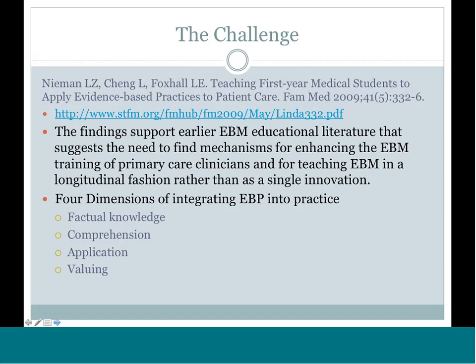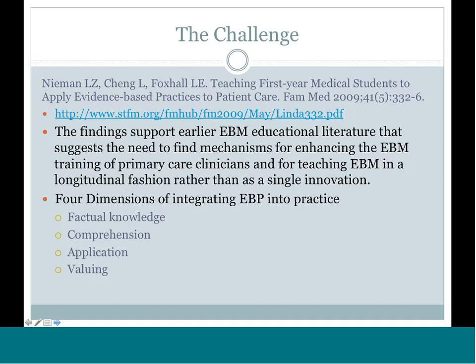And in this study, what they did is they gave a 4-week program in EBP to first-year students. And students picked up the factual knowledge right away. They understood it. They could parrot it back on a test. They could answer test questions on it. And they were pretty good at actually understanding what it was all about.